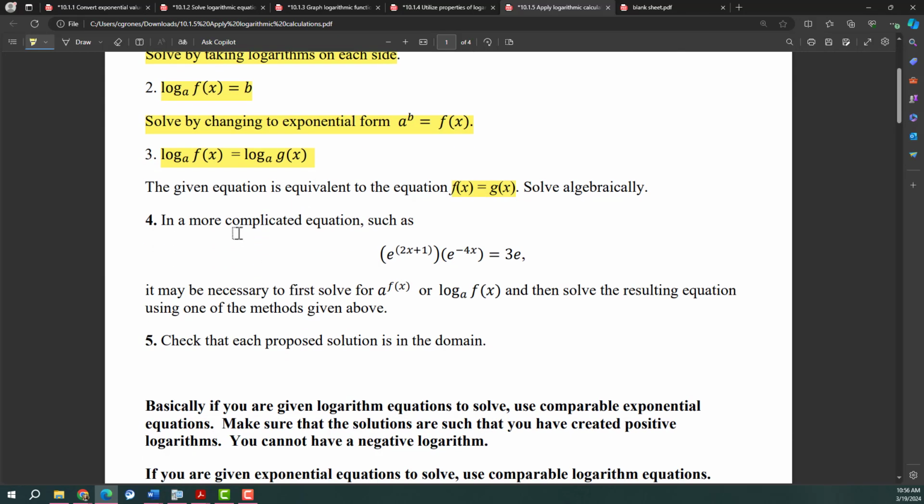Number 4, in a more complicated equation such as this, it may be necessary to solve for a to the f of x or log base a of f of x, and then solve the resulting equation using one of the methods above. Number 5, check that each proposed solution is in the domain.